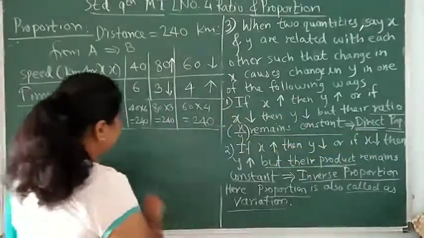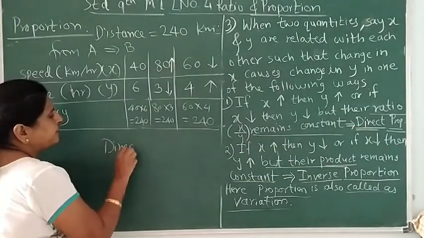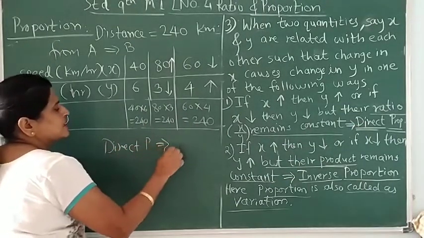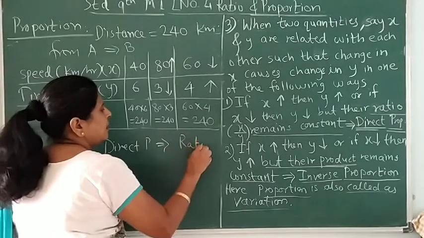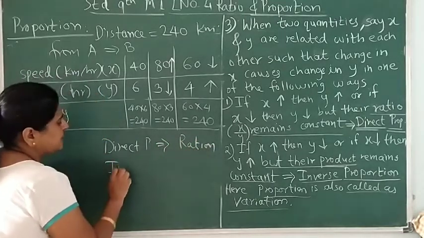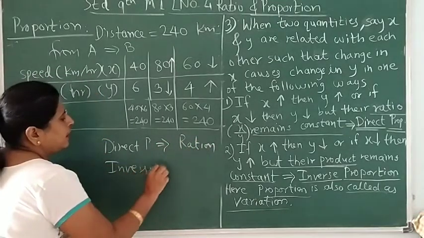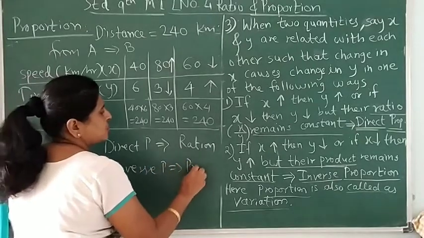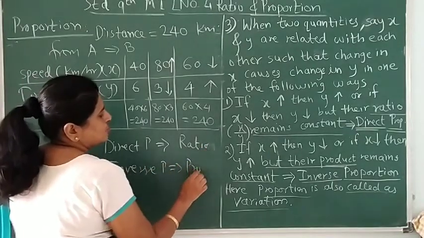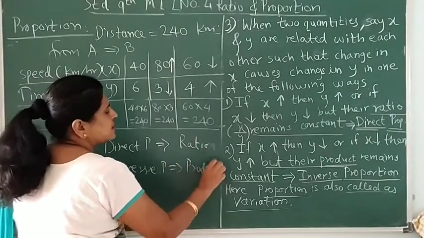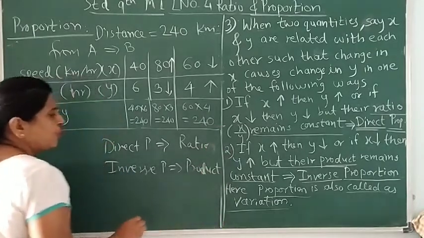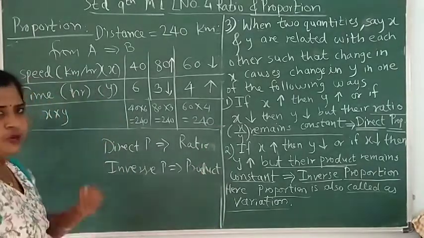Okay, so whenever there is a direct proportion, what is constant? Their ratio is constant. And when there is an inverse proportion, their product is constant.